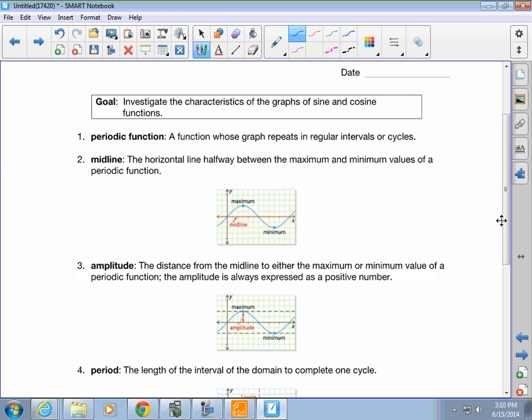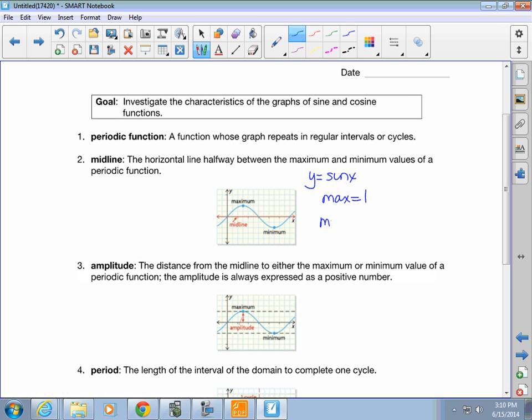Midline is the horizontal line halfway between the maximum and minimum values of a periodic function. This is a picture of a basic sine graph where y is equal to sine of x. Our maximum was equal to 1.